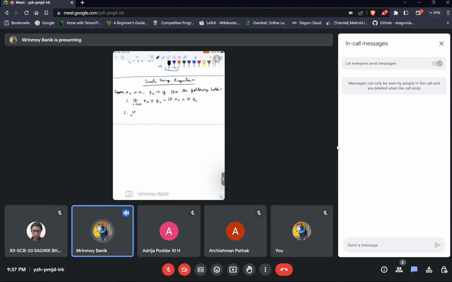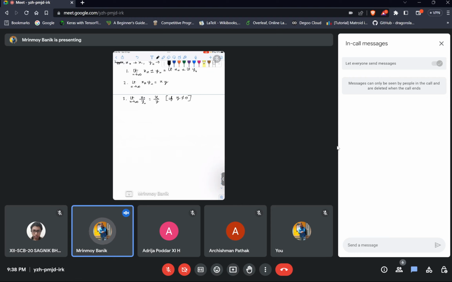Number 2, limit as n tends to infinity of xn times yn is x times y, and xn by yn is x by y, if y not equal to 0.